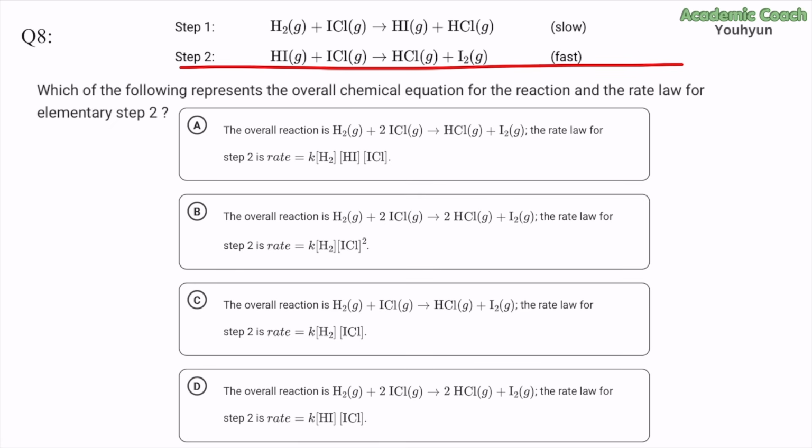So HI is canceled, and then HCl on the right side, H2 on the left side. Then for overall, I get H2 plus 2ICl produce 2HCl plus I2.